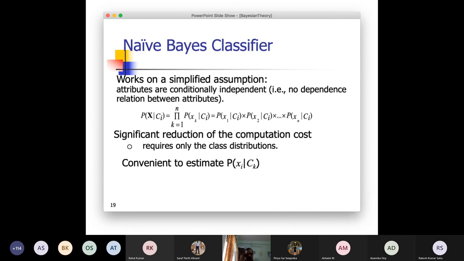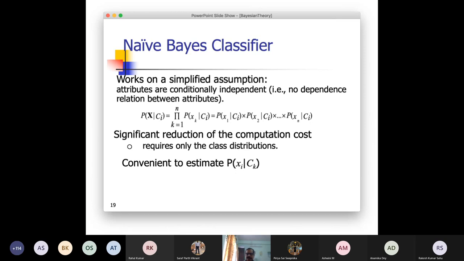Okay, so we are discussing the naive Bayes classifier and the simplifications that can be made in the computation of the likelihood of the multidimensional feature vector given a class.